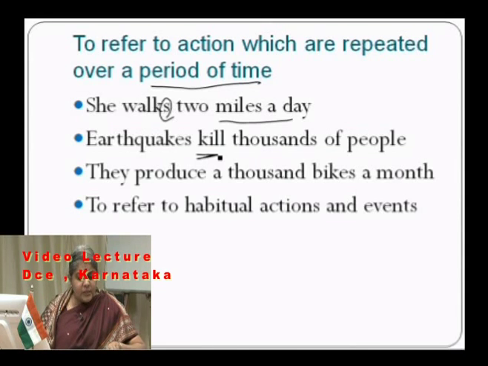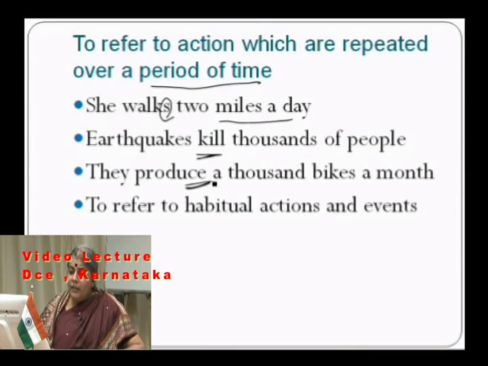They produce, what do they produce? 1,000 bikes a month. The word produce is a verb. Now this is an action that a particular company does. Now what do these three events suggest? They suggest habitual actions and events. So we can say that the present tense is used here to refer to habitual actions and events.